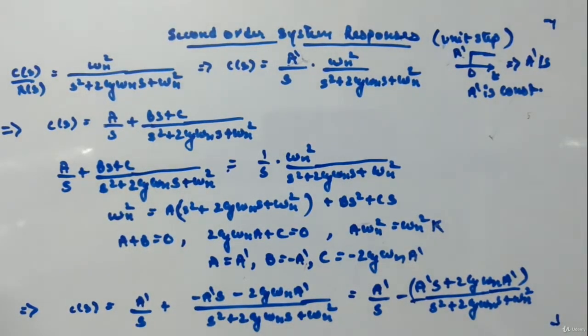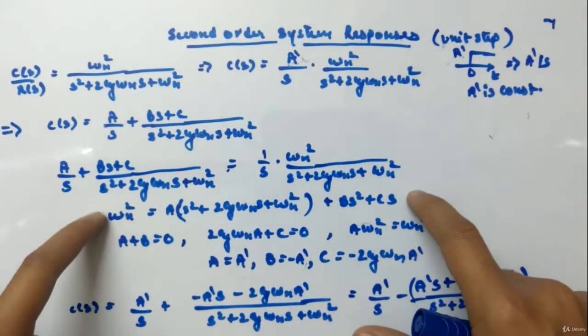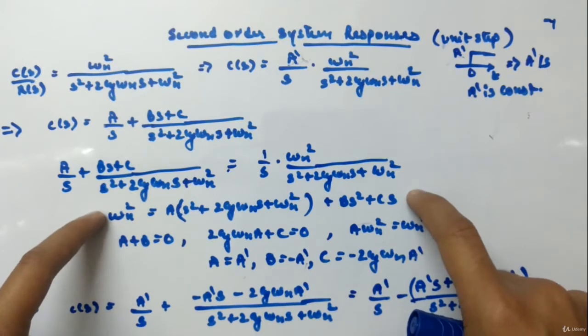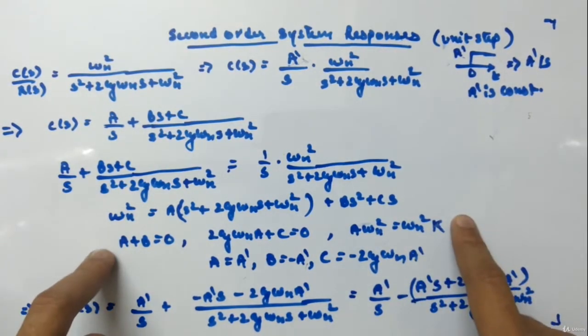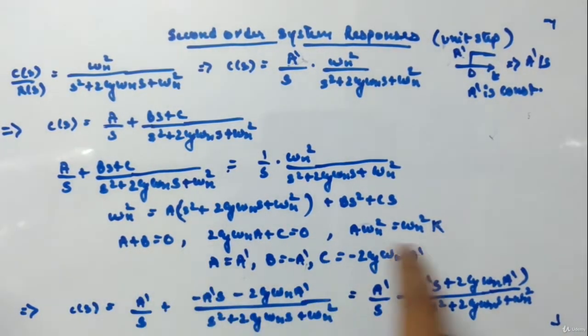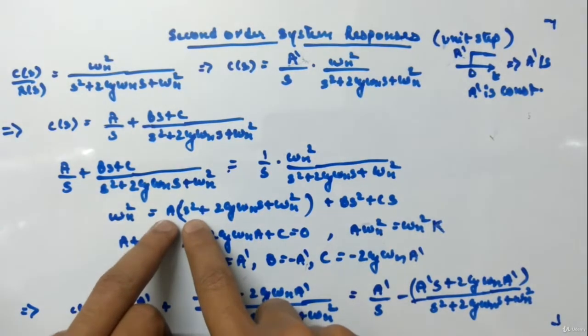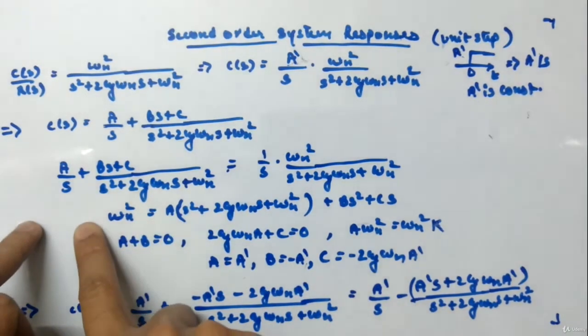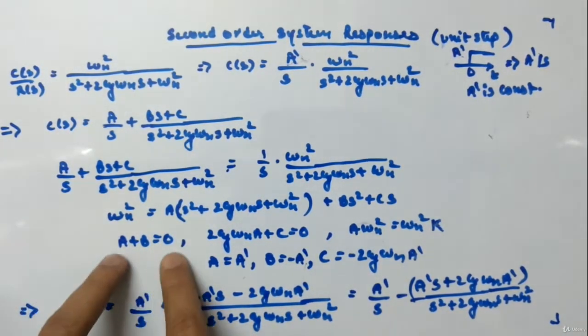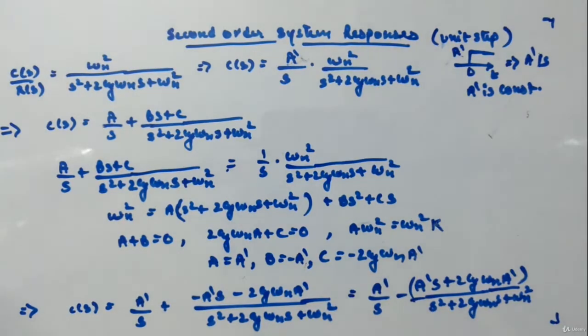Okay, so by equating the coefficients of s square, s and constant, we'll get these three equations. As square plus Bs square, so the coefficient of s square will be A plus B, but here you don't have a coefficient of s square, that's why A plus B equal to 0.